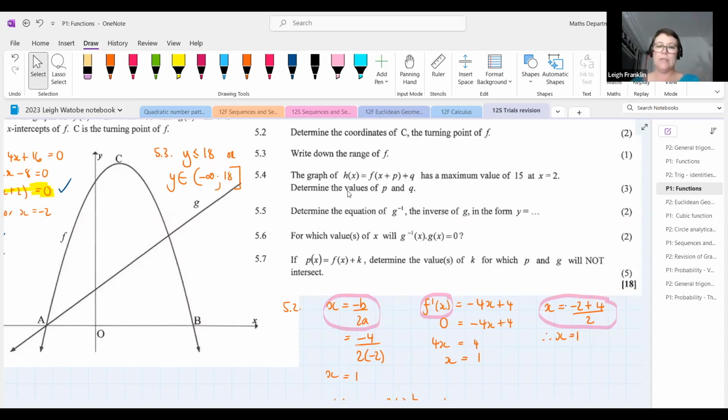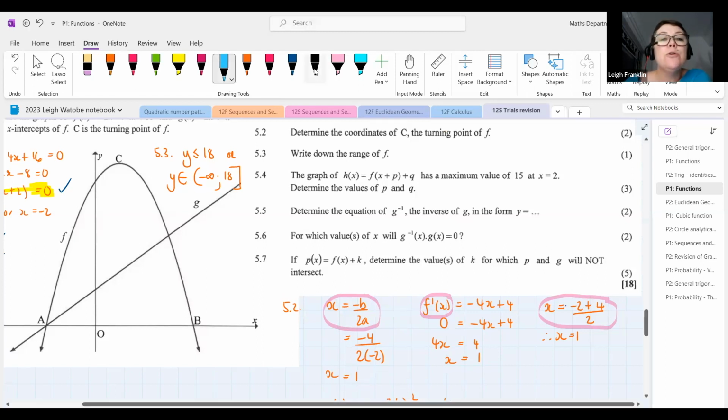Does anybody know what this means? Yes. Okay, Nkaniza, that's a very, very nice interpretation of the question. Quite right. So what you've got is the current graph, which has its turning point at 1 and 18.